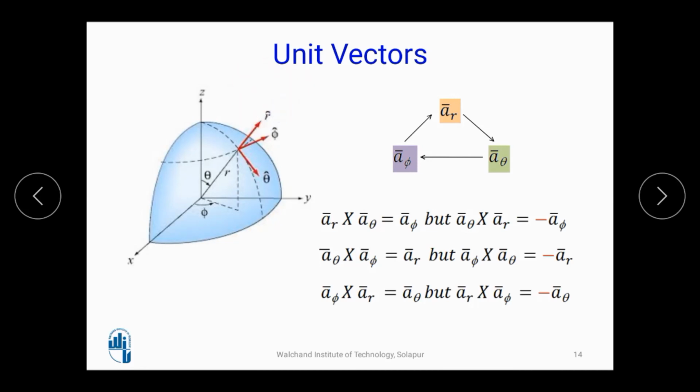The unit vectors a r, a theta, a phi are arranged in a triangle: a r to a theta to a phi to a r. So a r cross a theta is a phi, but if I go in the reverse way, a theta cross a r is minus a phi. a theta cross a phi is a r, and a phi cross a theta is minus a r. a phi cross a r is a theta, but if I go in the reverse direction, a r cross a phi is minus a theta.